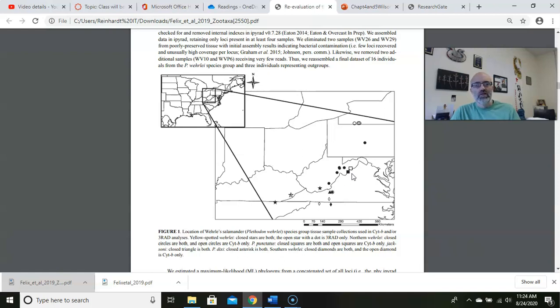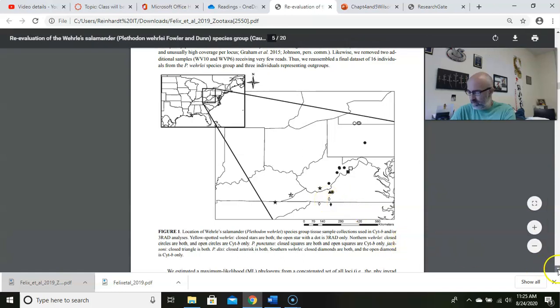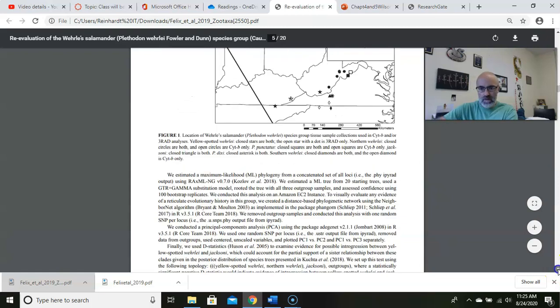We used the tissue from them to make a tree, okay? And then based on that tree, we chose a subset of 20 individuals to do the genomic analysis on, okay? And this will help you to piece apart how we chose the subset and where those subsets came from, okay?